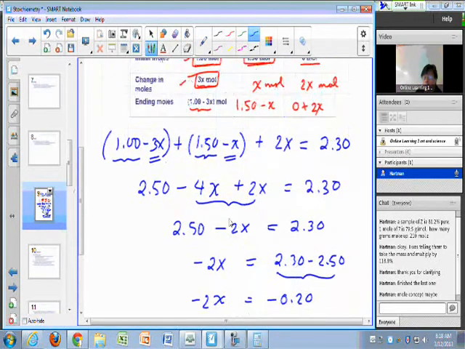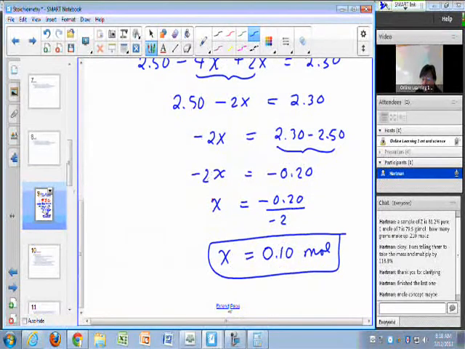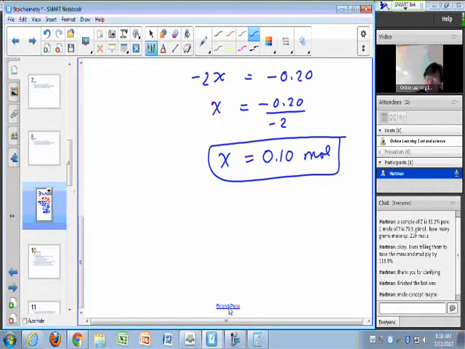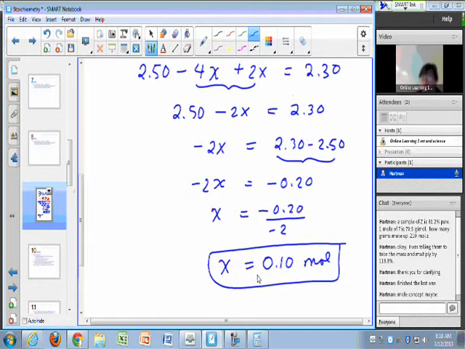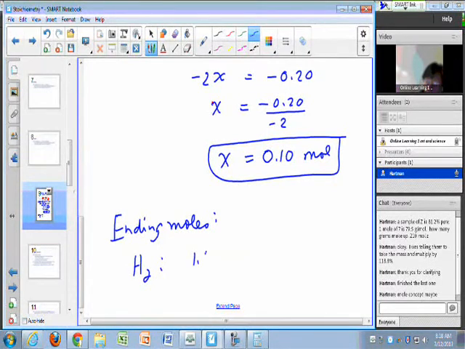So going back, for H2 you start off with 1 minus 3x. That will leave you with how much? For H2, your ending moles would be 1.00 minus 3x.